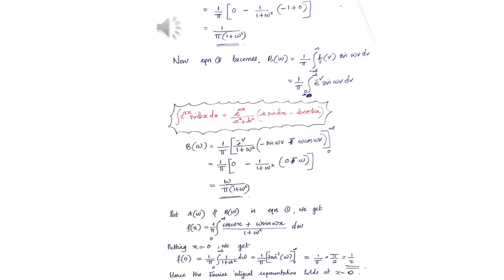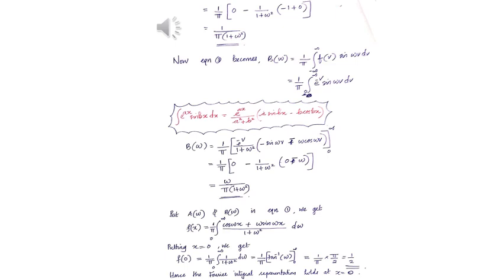Just see, when we got a of omega, the answer was 1 by pi into 1 plus omega square, and when we found b of omega, the answer was omega divided by pi into 1 plus omega square. The only difference in both the integrals is the omega.